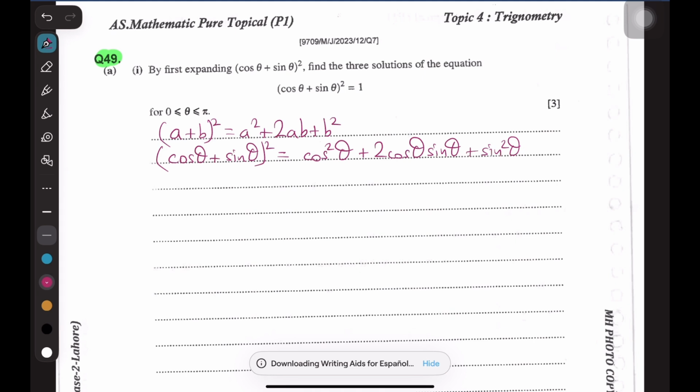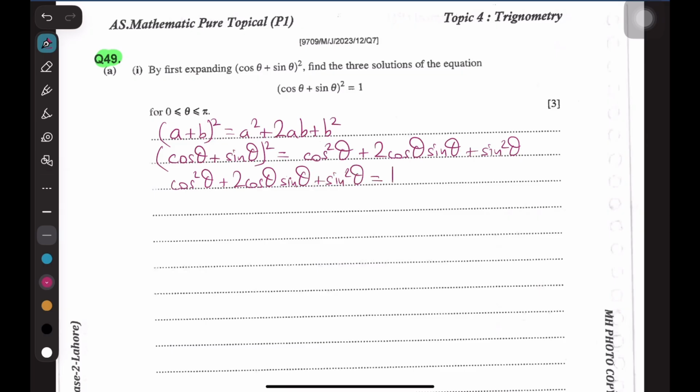And then what we have to solve is cos theta plus sine theta whole square equals 1. So we can equate this whole thing with 1. So we have cos square theta plus 2 cos theta sine theta plus sine square theta equals 1.